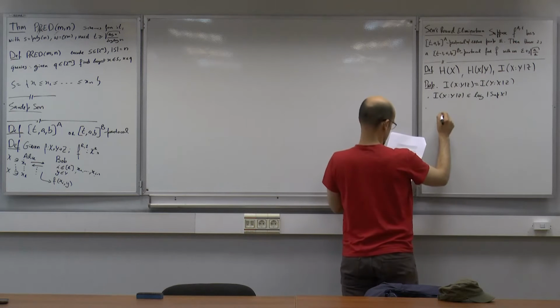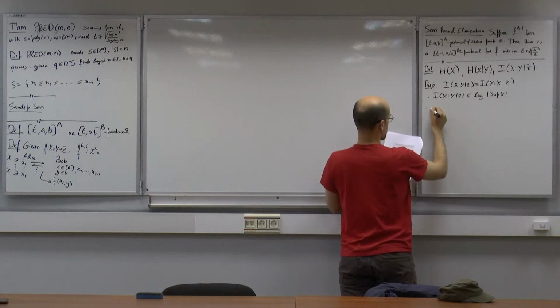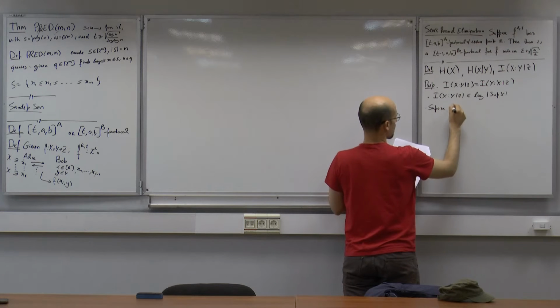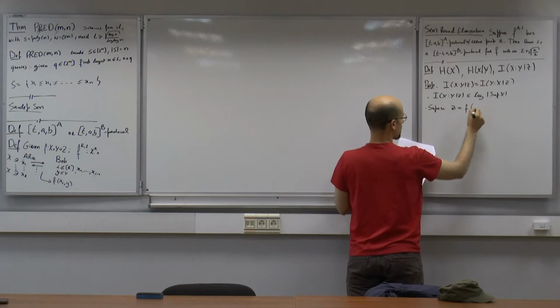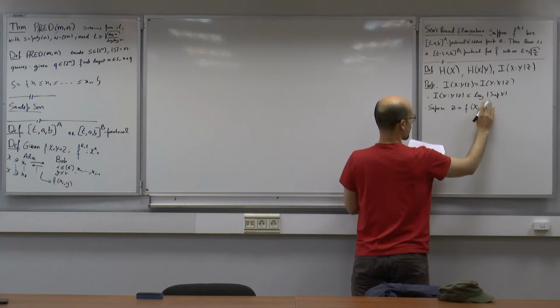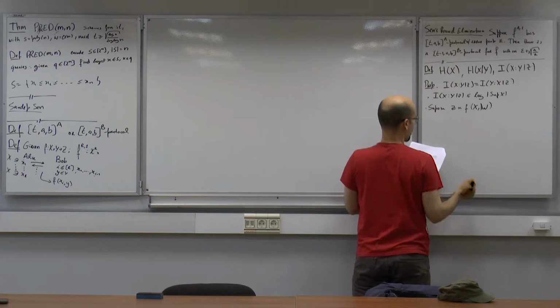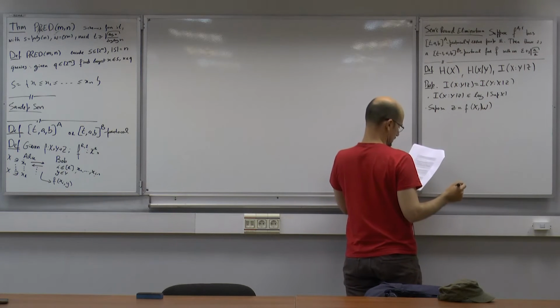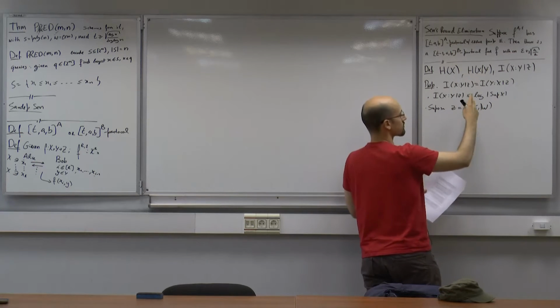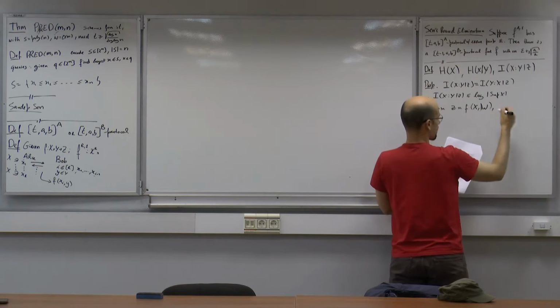Here's something which maybe you're not used to. Suppose that Z is obtained by some function of X and W, and this function might also have some extra random bits independent from everything else, so it's a random function.